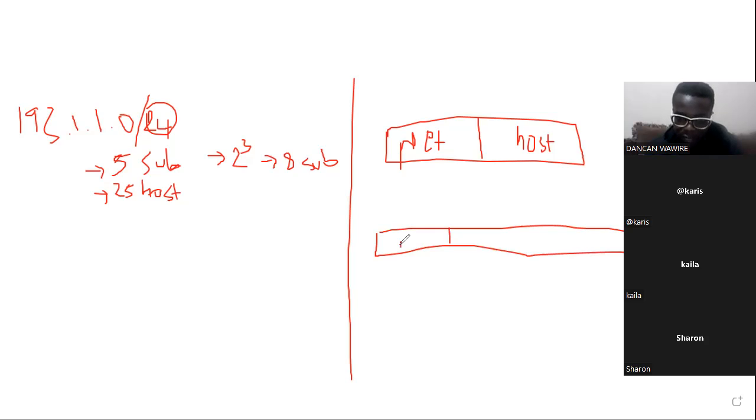Hii ya kwanza ya network iko. Ya host inakuwa divided into 2. The first one is what we call the subnet. Ya kwanza ni subnet. Inafuata ya mwisho, hii sasa ndio inakuwa ya host. So in short, this one itazaa hii na izaa hii ingine. Those two. Hope you're getting them.